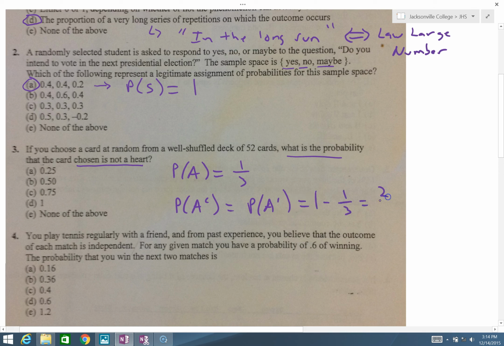In this case, 2/3. Well, we want not a heart. The probability of a heart is 1 in 4, so the probability of the complement, not a heart, is 3 out of 4. And 3 out of 4 is C, 0.75.